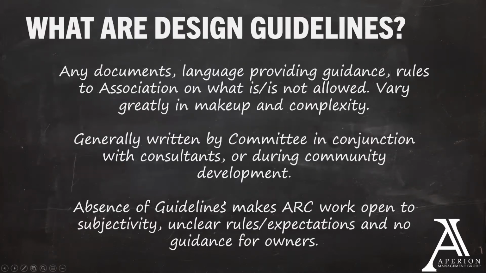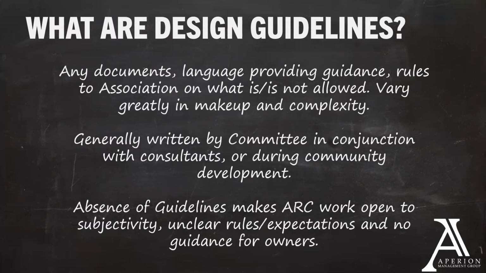So I've been talking a lot about when you receive plans, you're going to make sure that they achieve aesthetic harmony and fit into your community. And what does that mean, really? Not having anything specific will certainly bring in a level of subjectivity and inconsistency with your architectural review committee that you want to try and avoid as much as you can.